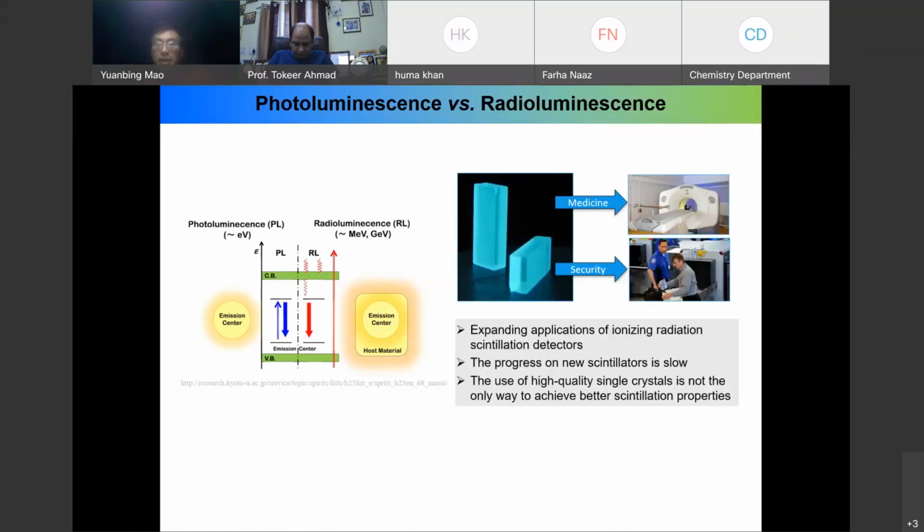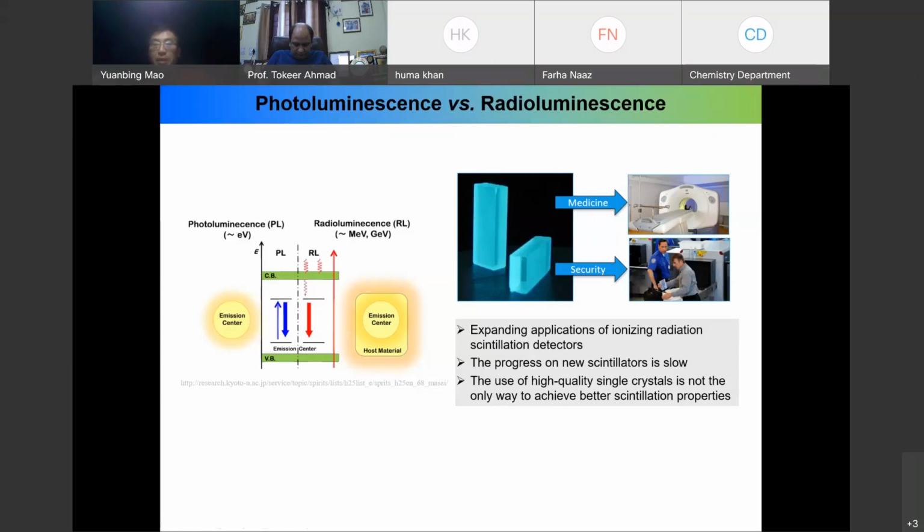So why is radioluminescence important? It's related to scintillation detectors, especially ionizing radiation scintillator detectors, and is widely used in hospitals. Even when we go to see dentists, the first thing the dentist will do is take a photo of our teeth, and part of that is related to radioluminescent materials.